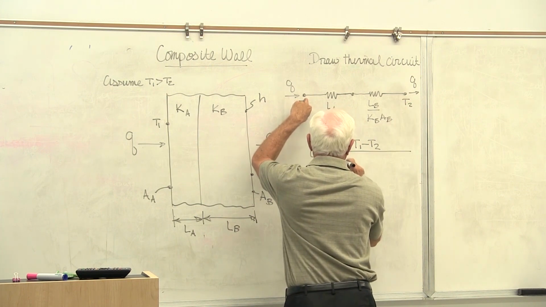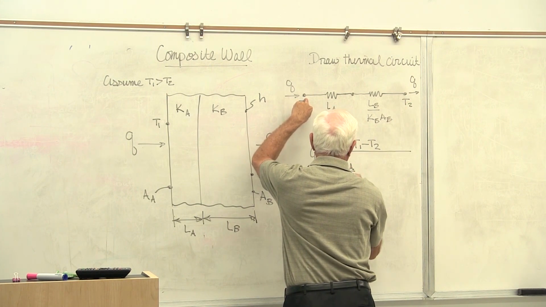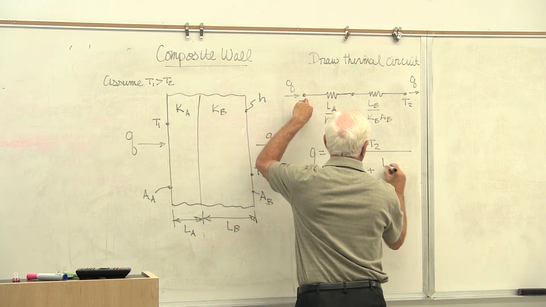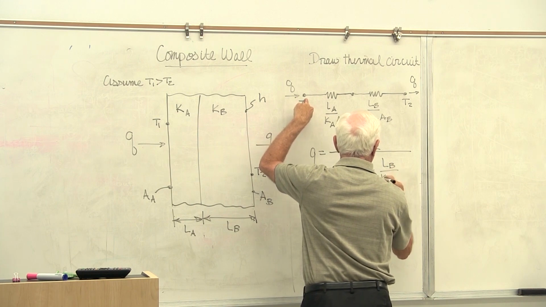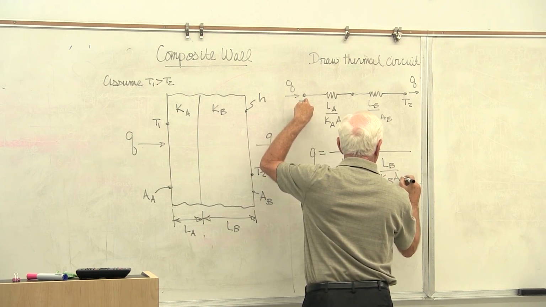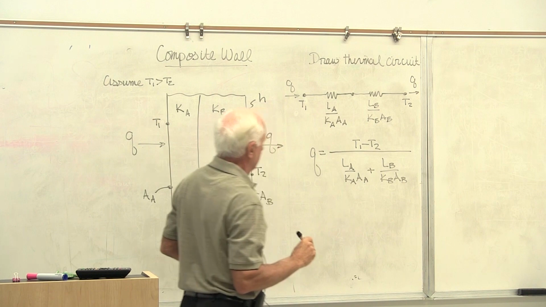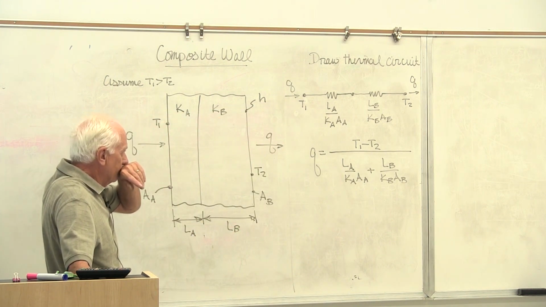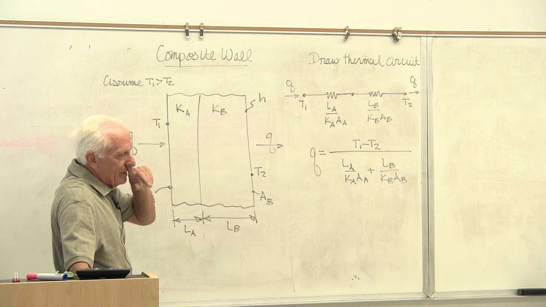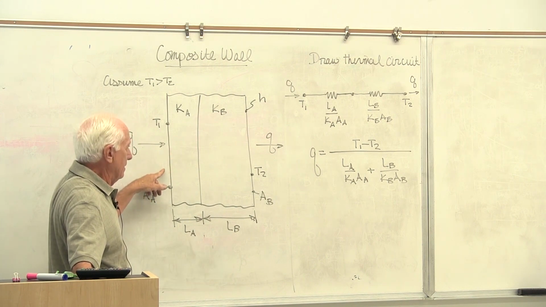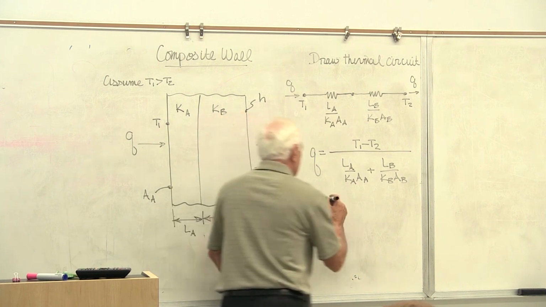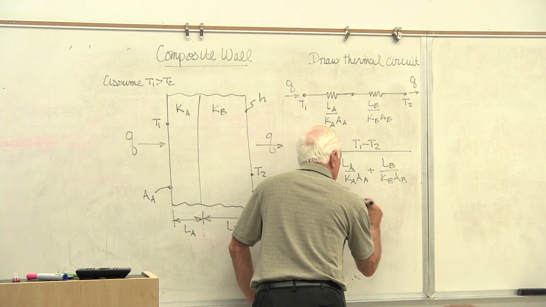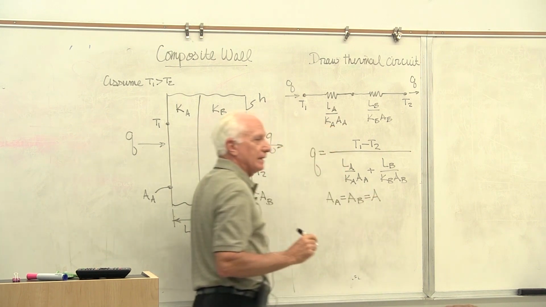LA over kA times area of A, plus LB over kB times area of B. There's the heat flow in watts. But I can also notice that in the picture here, the area of A equals the area of B, so I might as well just call it A.